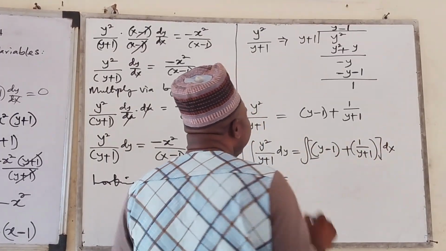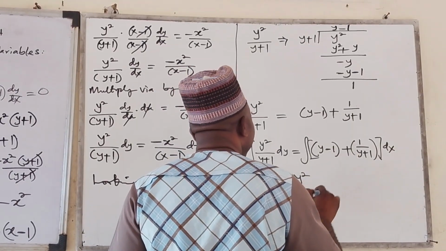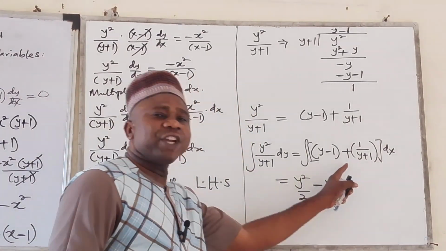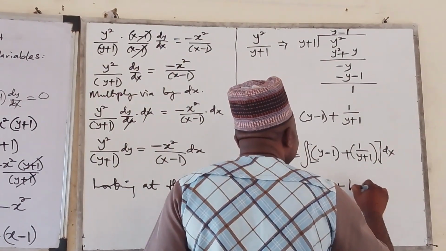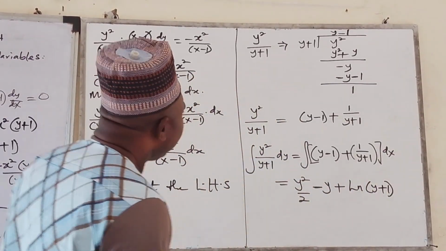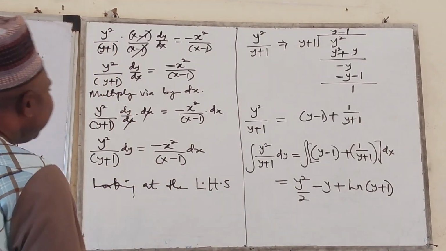So when you integrate y minus 1, it gives us y squared all over 2 minus y plus, when you integrate 1 all over y plus 1, that will give us ln|y plus 1|.